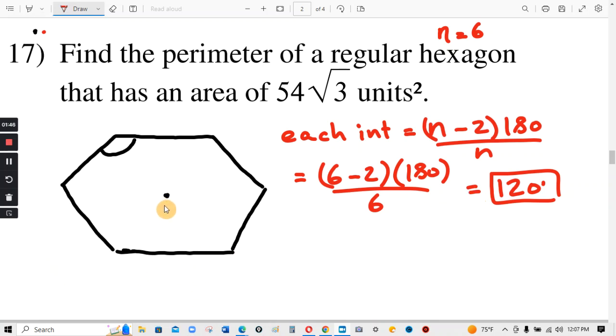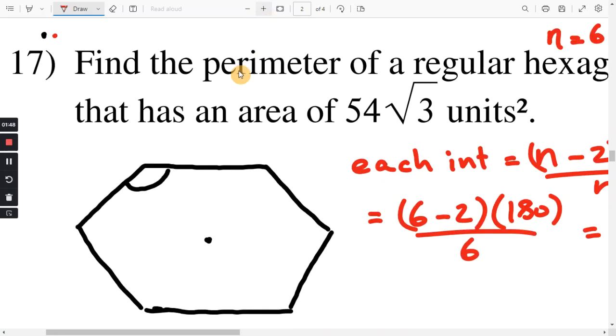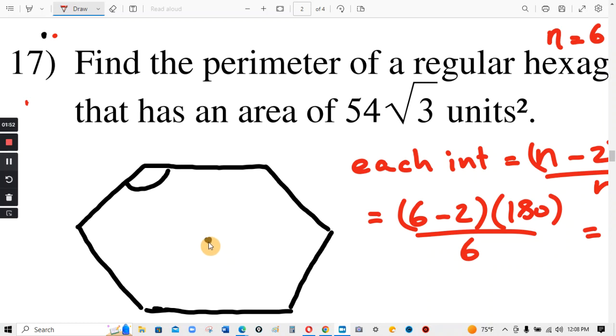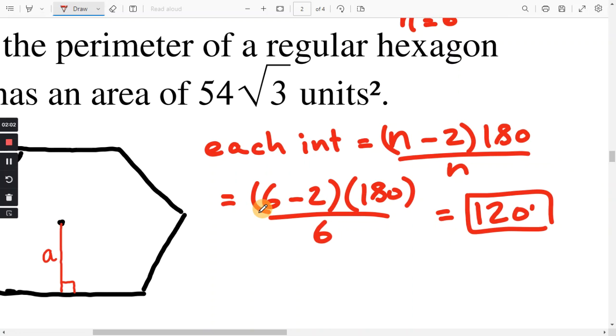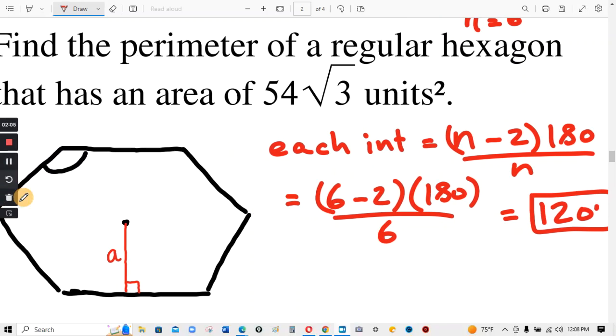All right, so I am going to draw in an apothem right there and make it perpendicular to the side. That's my apothem a. Each interior angle is 120.